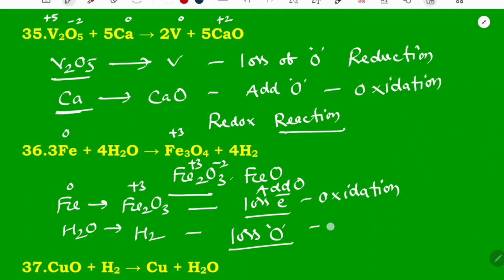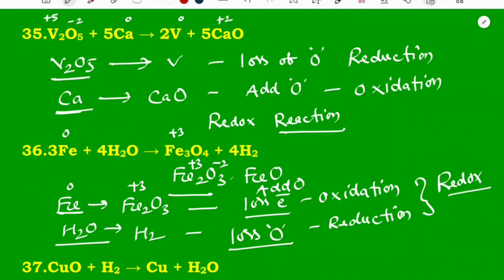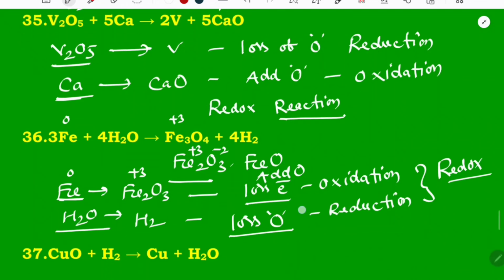Loss of oxygen means reduction reaction. Together we can call this a redox reaction. Which is oxidized? Iron is oxidized. Which is reduced? Water is reduced. Oxidized one is the reducing agent, reduced one is the oxidizing agent. So okay, next.